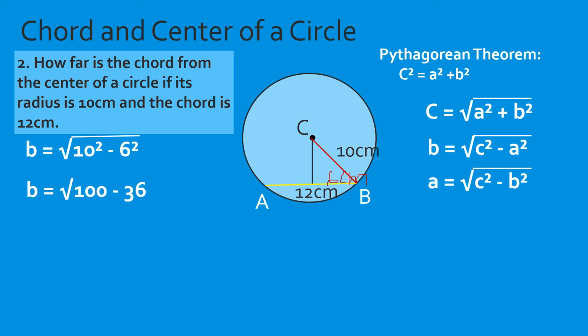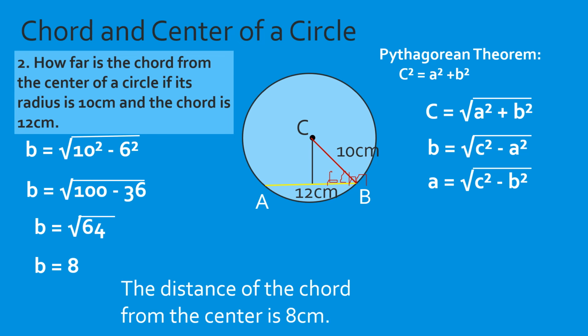So that is 100 minus 36. And that is equal to 64. What is the square root of 64? That is equal to 8. It means that the distance of the chord from the center is 8 centimeters. So this is 8 centimeters here.